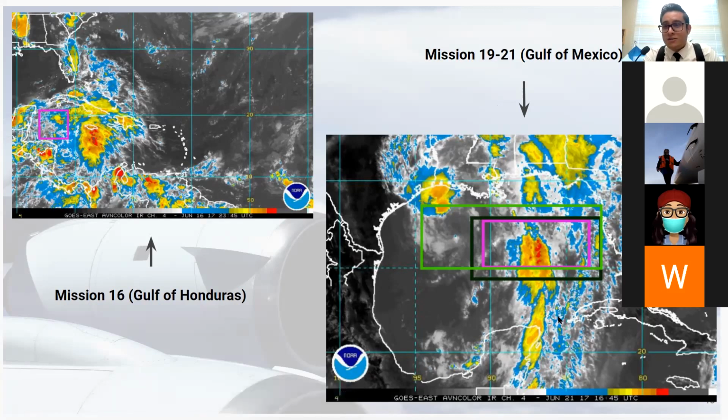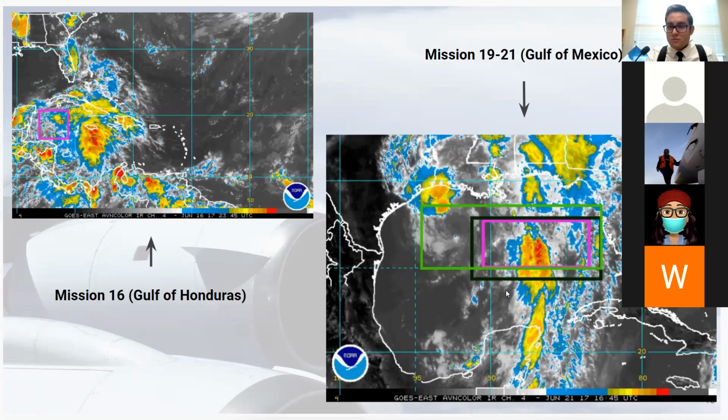As we can see, the circulation center of Cindy is very much clear. We want to know why, and I will explain why this happened. The other two missions are mission 13, and this is mission 12. We don't have mission 11, sadly.